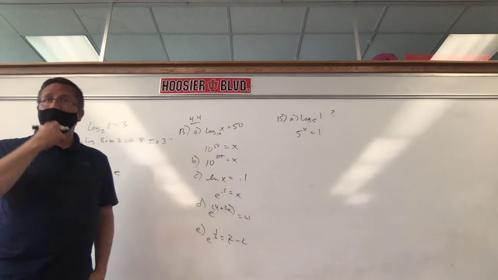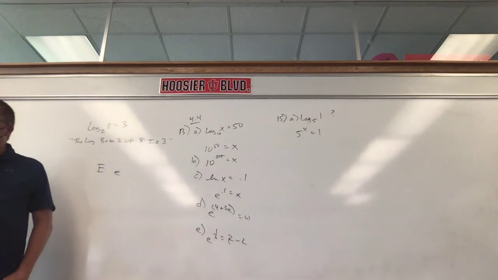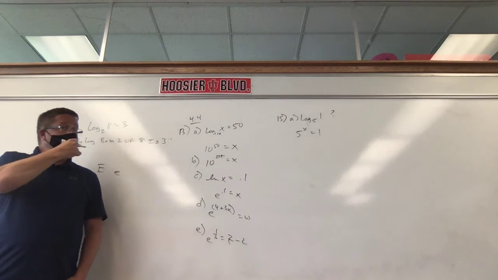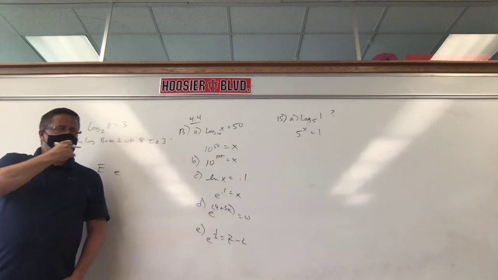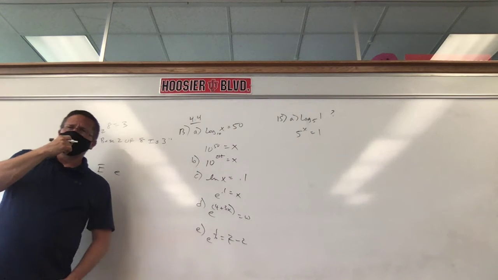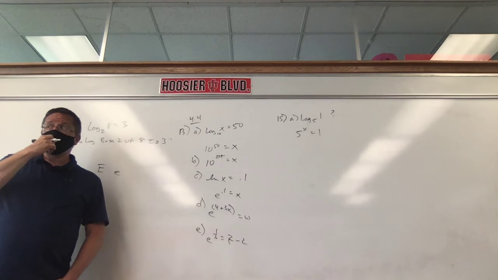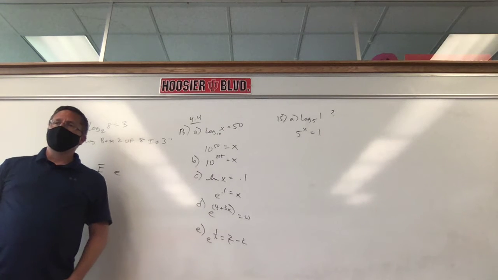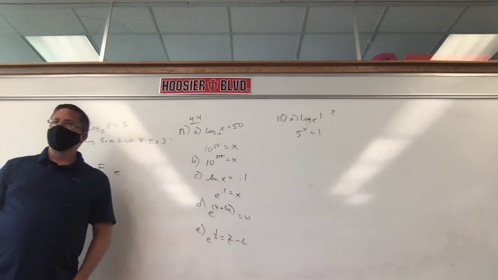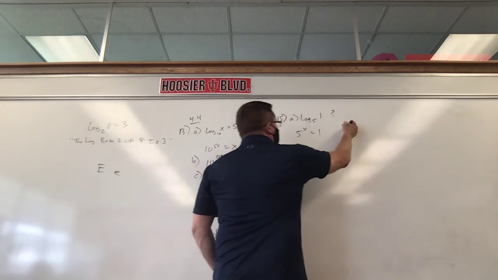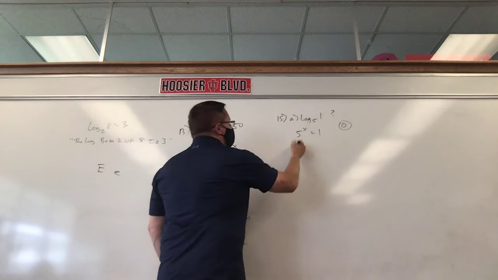You don't have to rewrite it like that, but if it's easier for you, do. This is an easy one as long as you remember it. 5 to what power gives you 1? 0. Why? Because anything to the 0 power is 1. So this is the number 0.